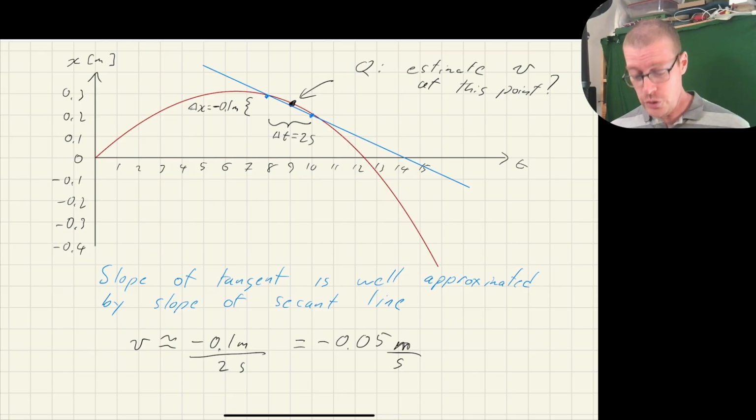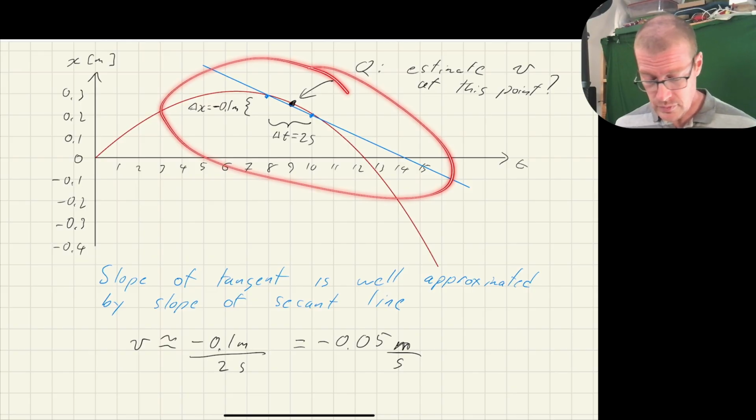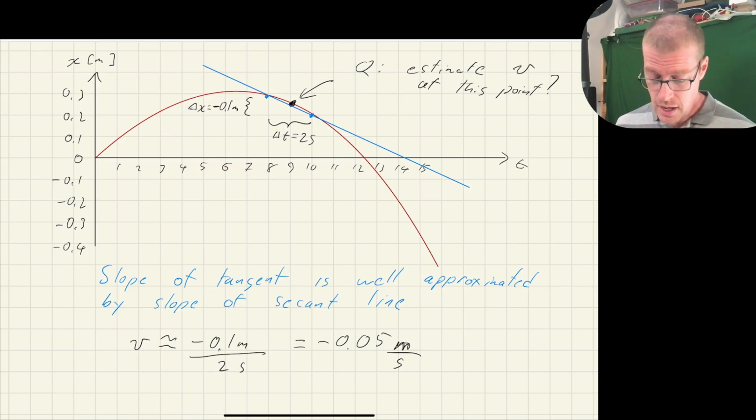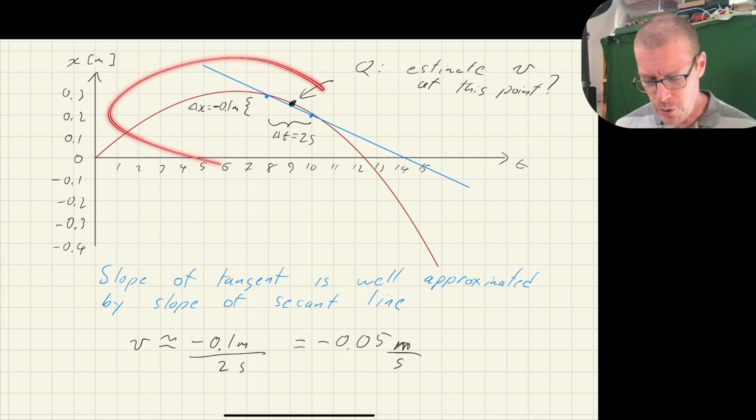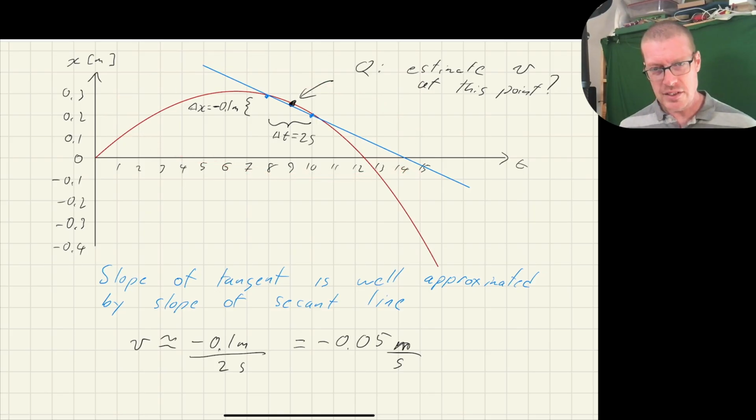If 2 different students are doing this problem, estimating the slope, I wouldn't be surprised if they got somewhat different answers here. So someone else might get negative 0.06 meters per second. Someone else get minus 0.04 meters per second. Right? So this is not the sort of problem that has a unique answer.